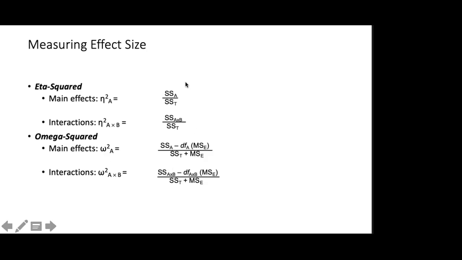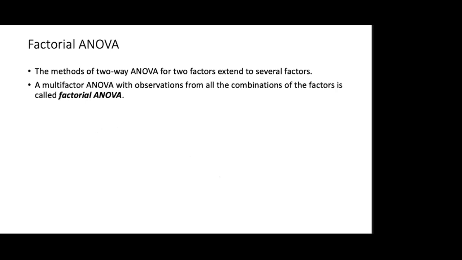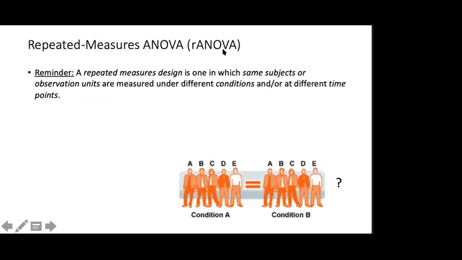We calculate that for our individual effects or the interaction. It would be the same for B, so the main effect for B would be SSB divided by SS total. I mentioned that earlier. So that much for our factorial ANOVA.